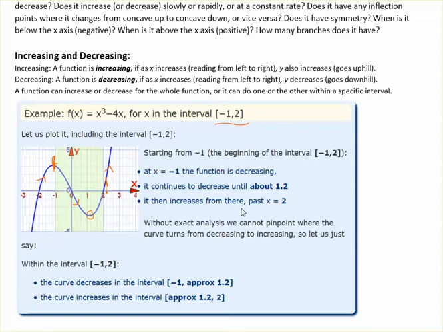So in this one, it decreases from -1 until about 1.2. They just estimated that value. And then from x equals 1.2 all the way up to 2, it is going to increase. So here's a way that you could write that and summarize where it's increasing and where it's decreasing.